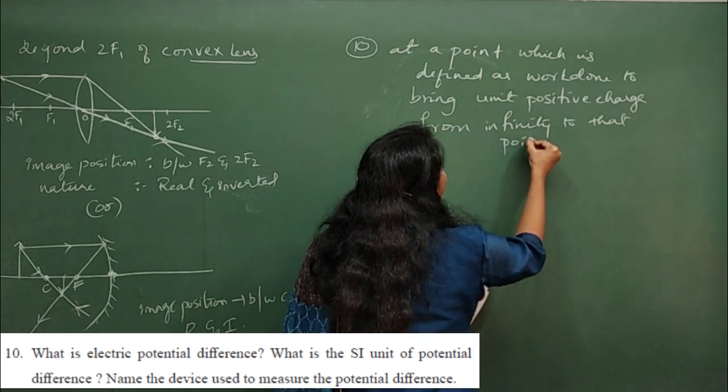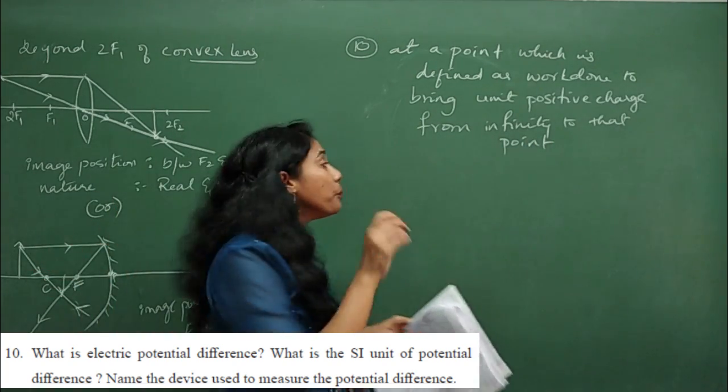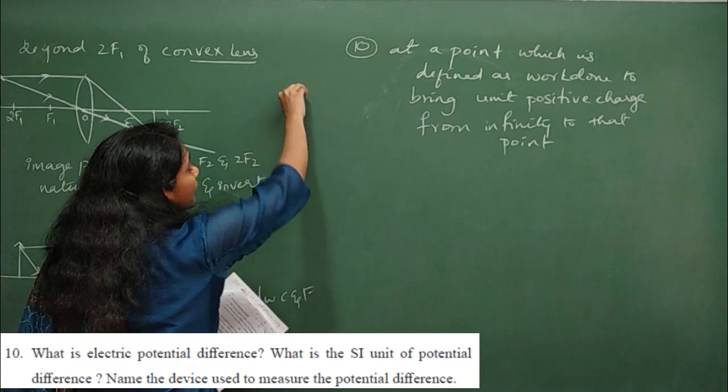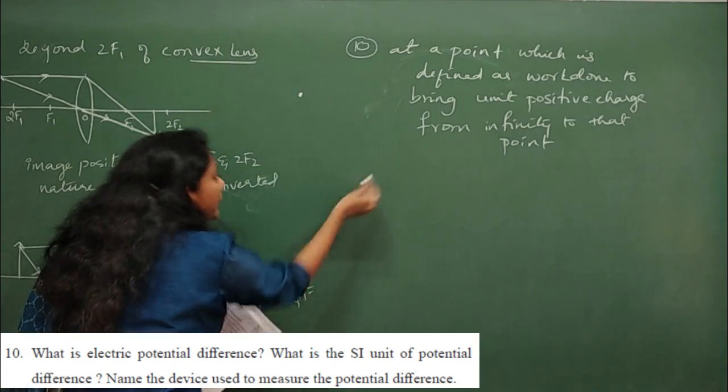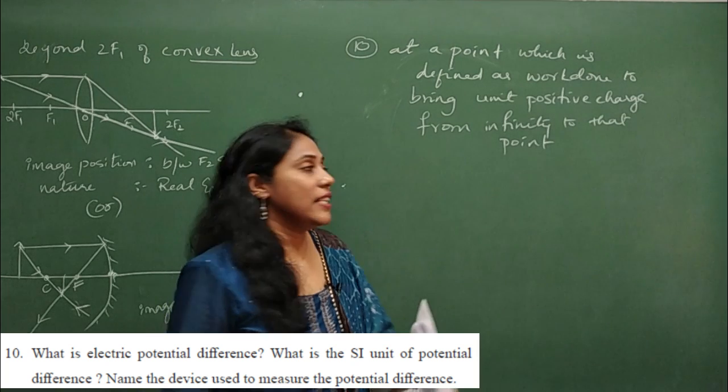Okay, so it is that work done to bring a point charge from infinity to that particular point, which is called the electric potential difference, right?